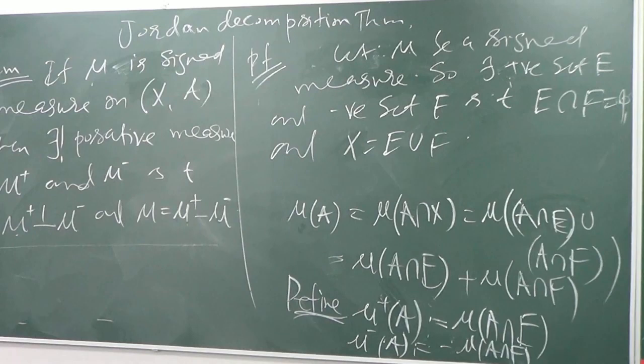So let mu plus' and mu minus' be other measures such that mu plus' is singular to mu minus', and mu can be written as mu plus' minus mu minus'. So my claim is to show that mu plus' is the same as mu plus and mu minus' is the same as mu minus.